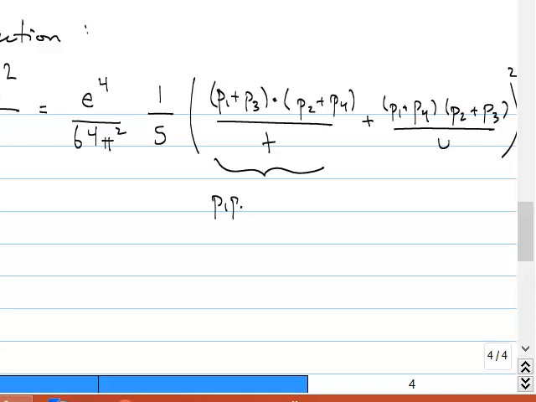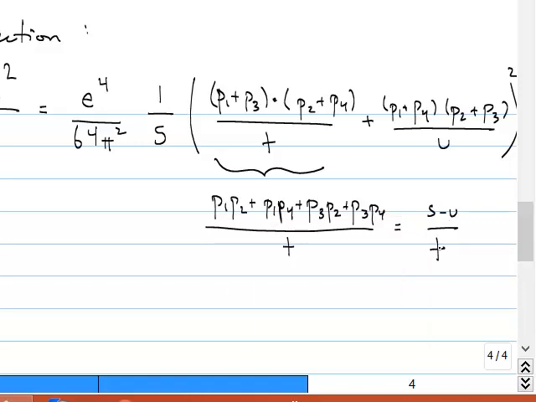This is P1·P2 plus P1·P4 plus P3·P2 plus P3·P4 divided by t, which is the same as, let's see, s minus u over t. s is (P1 plus P2) squared. u is (P1 minus P4) squared. So when you square those, you expand them out, you get some m squareds, and you get P1 dot P2, which is the same as P3 dot P4 in s, and similar terms with u. Okay.